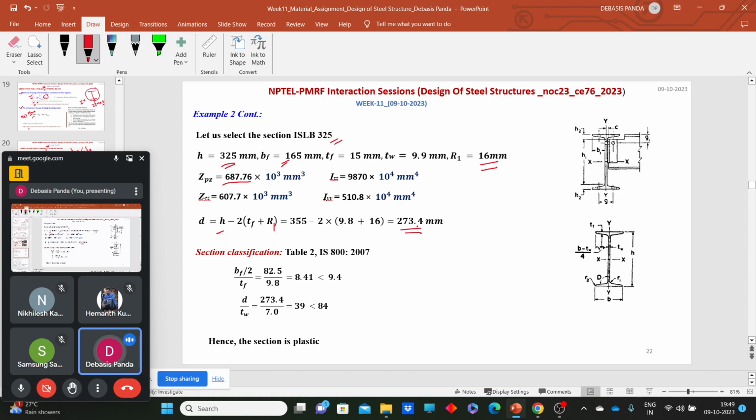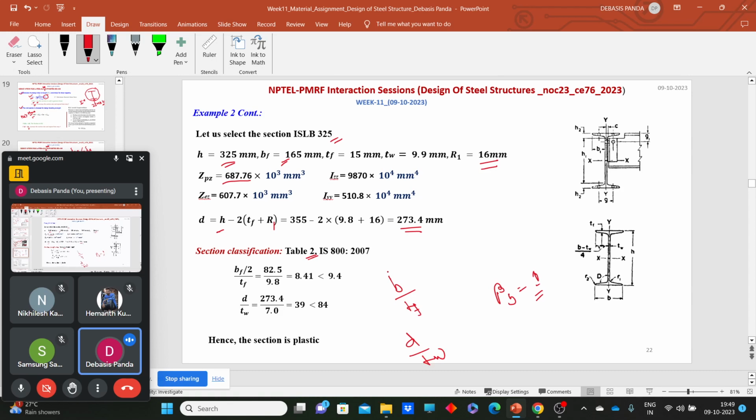Now we need to check whether this section is plastic or otherwise, because while calculating the value of ZP required, we considered that the section is a plastic section. That's why the value of beta B I considered there is 1. Now we can easily classify the section. We need to check two parameters as per Table 2, that is B by TF and D by TW.